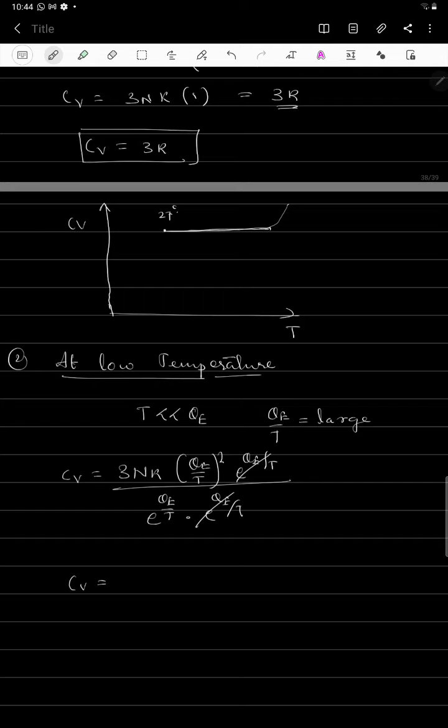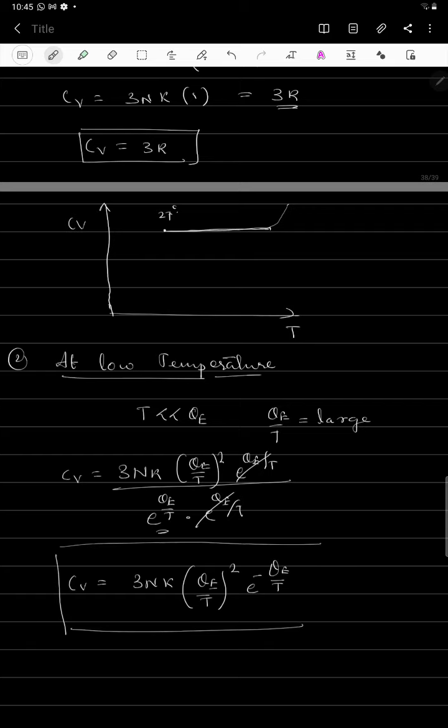Cv is equal to 3nk (theta e divided by T) whole square, and e to the power of, I will take the numerator term, minus theta e divided by T remains.